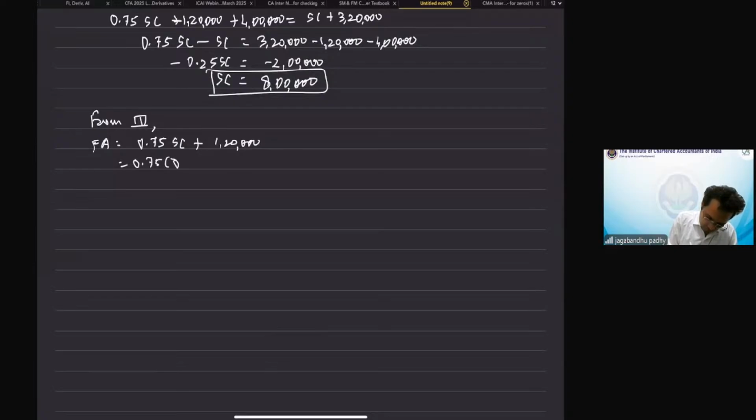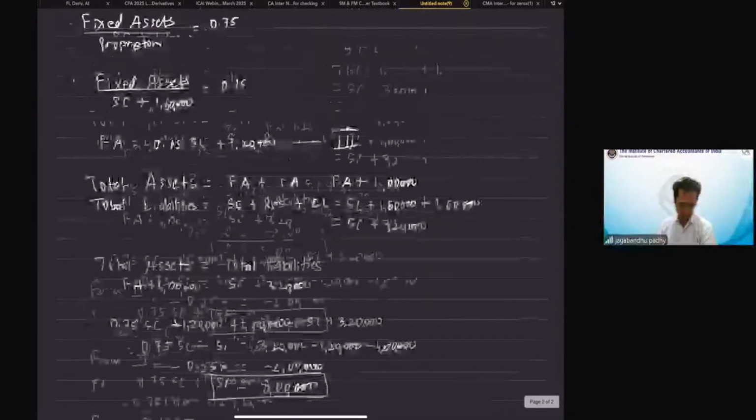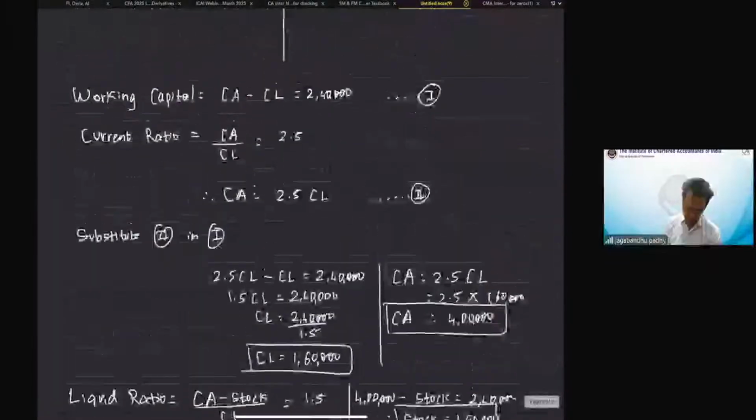That's 0.75 into 8 lakh, which is 6 lakh, plus 1,20,000, which is 7,20,000.